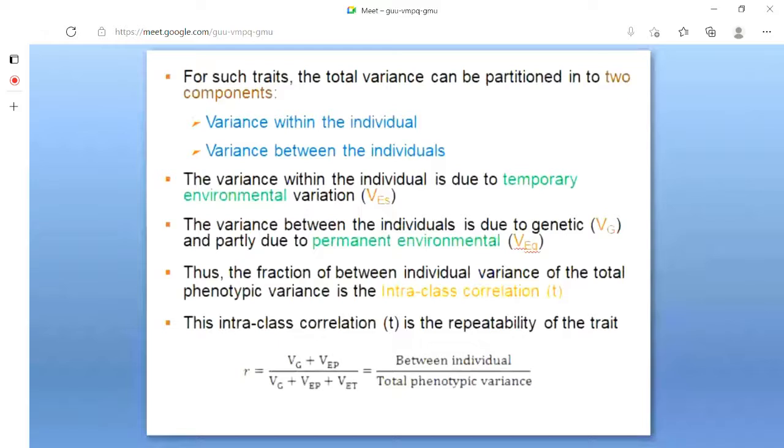For such a repeated trait, the total variance can be partitioned into two components. One is variance within the individuals, another is variance between the individuals. The variance within the individual is due to temporary environmental variation. See, in the first lactation the average milk yield is this much, in the second lactation it is this much.